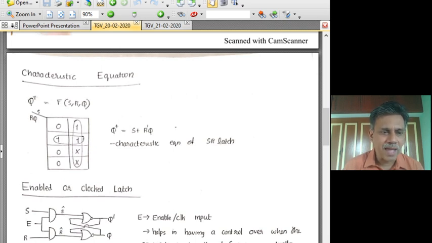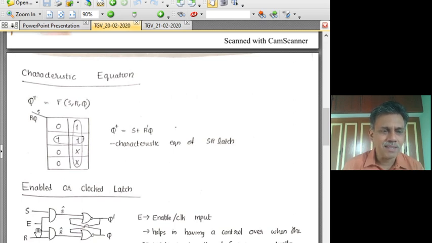The outputs of these AND gates are the ones which act as the real S and R, now called S cap and R cap for this original SR latch which we discussed so far. So we know how this latch is going to work when S cap and R cap are given. That is what is given by this truth table. Now how S and S cap and R and R cap are related is the only thing that we have to look at.